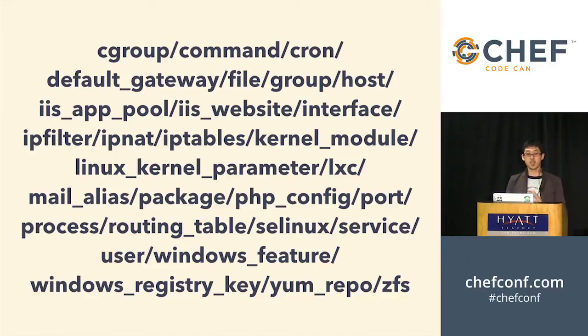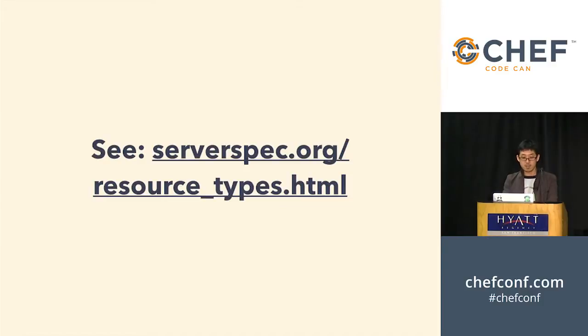Serverspec has many resource types. More description about each resource type and each sample code is on this page. Please see this if you'd like to know more about resource types.